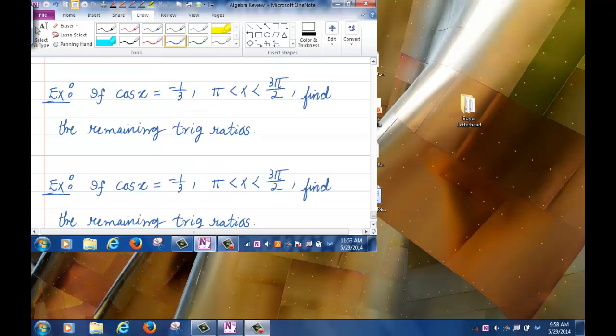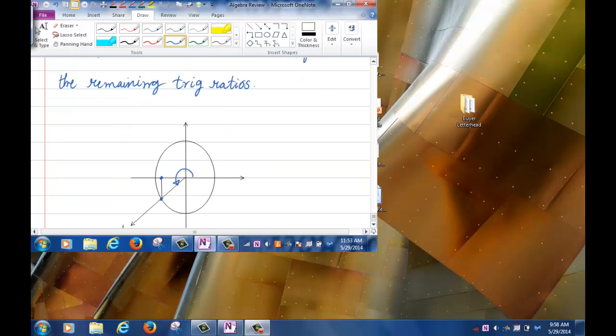That tells you that the adjacent is negative 1 and the hypotenuse is 3, as you said, because cosine of x is negative 1/3. I can take the adjacent to be negative 1. The hypotenuse is 3. Remember, hypotenuse is always positive. So now, can you tell me what is sine x?